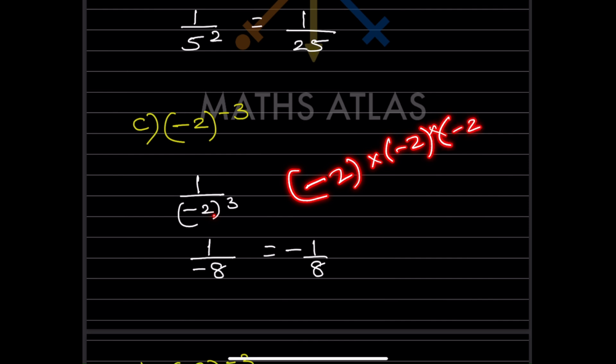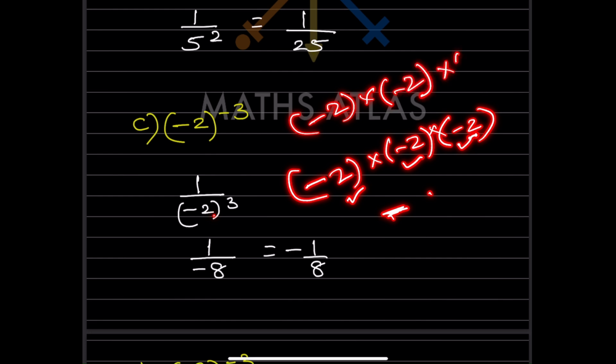What we can see here is 3 times minus, which is an odd number. Whenever you have an odd number, the result is going to be negative. If it was 4 times minus 2, that is 1, 2, 3, 4, 4 is an even number, so that is going to be positive.